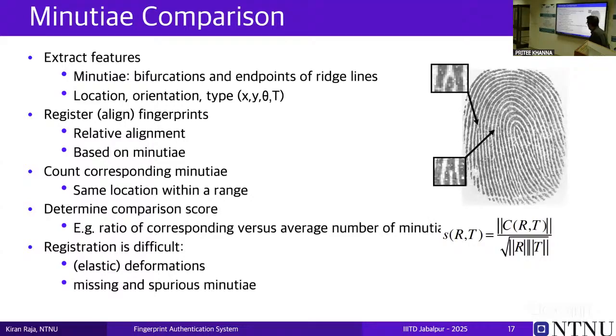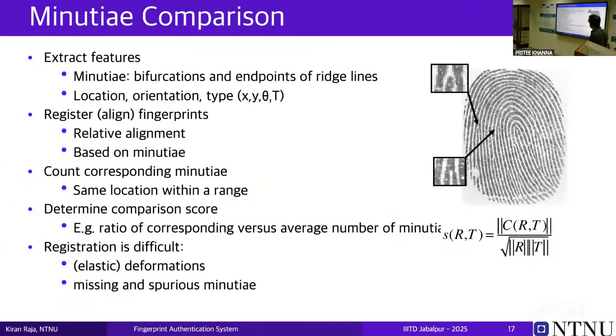The location is represented by x comma y. In every image, we have a spatial position. And then the orientation is nothing but the angle. Is it at 90 degrees, is it at 30 degrees, and so on. And then we have this T, which is nothing but what kind of minutia is it? Is it a bifurcating minutia, or is it the endpoint of a ridge line?